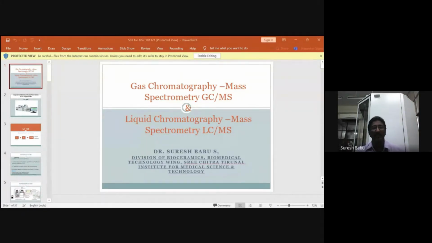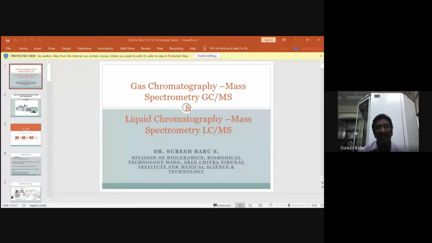LC is used for separation and MS is used for identification. So LCMS has both the qualities. So it is a hyphenated technique, combining physical separation capabilities of LC and mass analysis capabilities of MS.